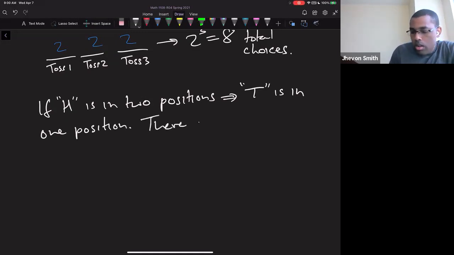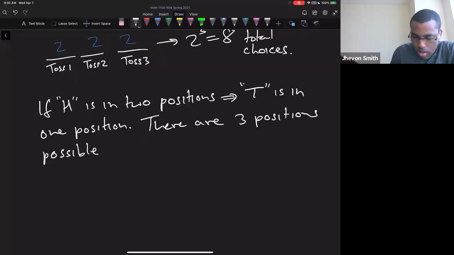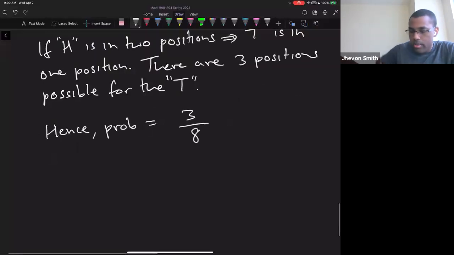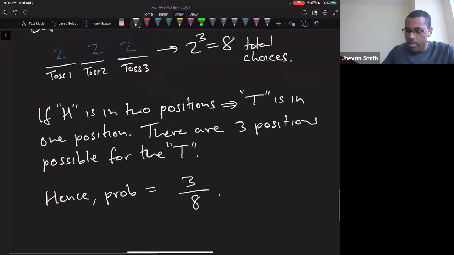There are 3 positions possible for the T. Hence, the probability is 3 out of 8. There are 3 ways out of 8 that you could get this, right? So we sort of did that reasoning last time.